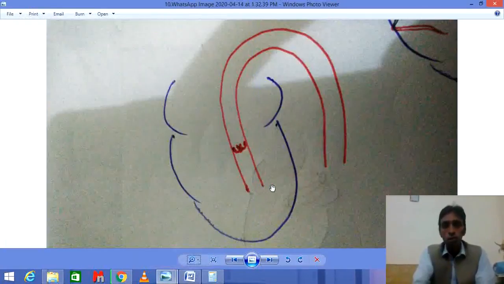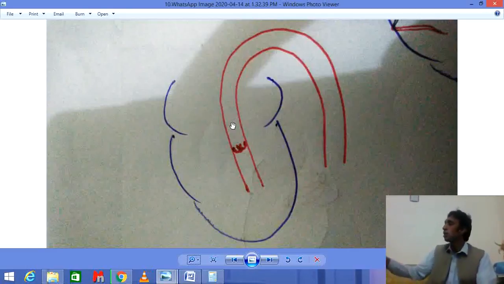When the pressure of the blood in the ventricle increases above the pressure of the blood in the aorta, then this blood will be pumped from this area to that area. Then the contraction takes place, and at that point, when the pressure in the ventricle exceeds the pressure in the aorta, we measure the afterload.